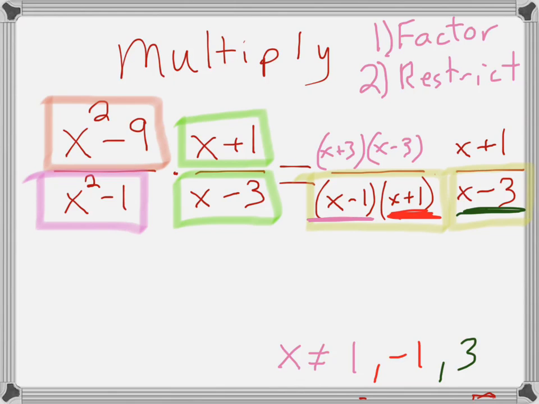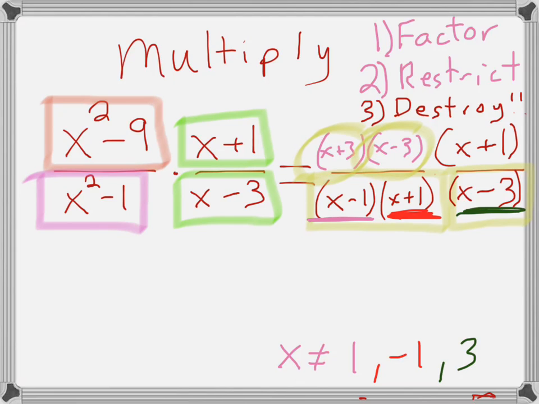All right. The last part is the fun part. Destroy. So I'm going to double check to make sure that everything can be written as factors. I have one item times another item times another item over another item times another item times another item. Doesn't matter that those items look kind of funny because there's subtraction in them.